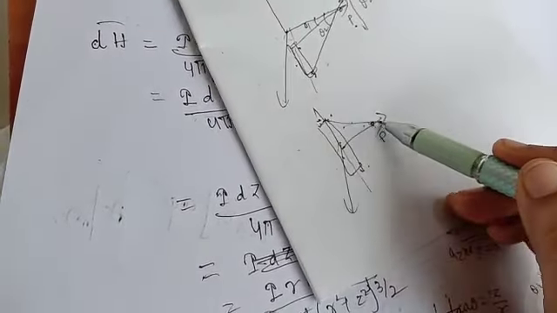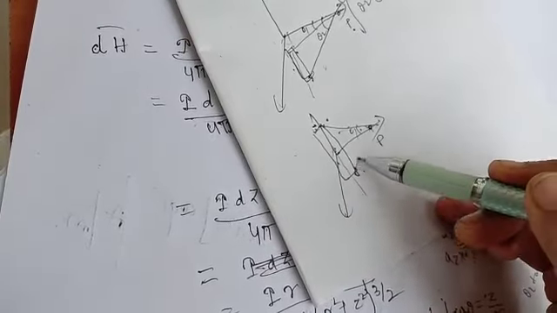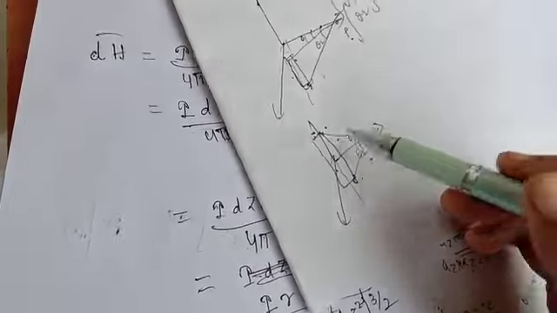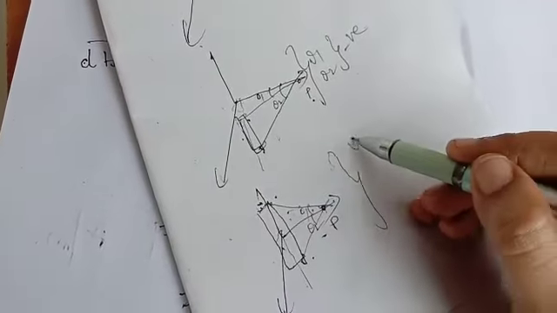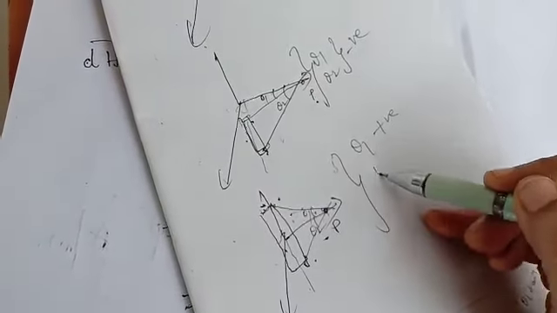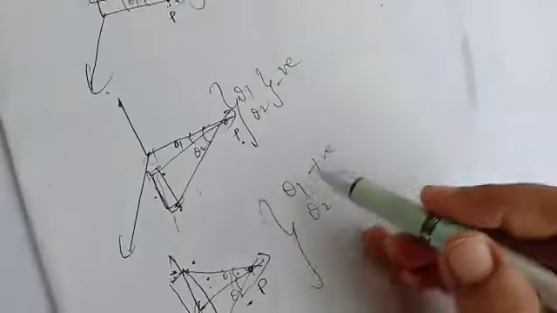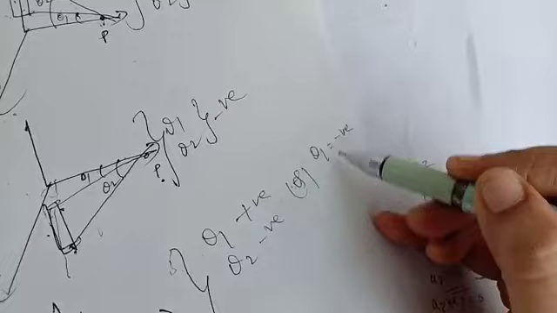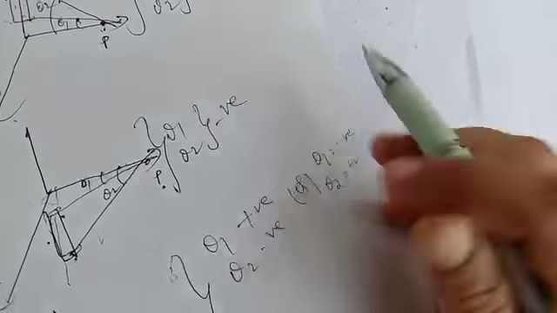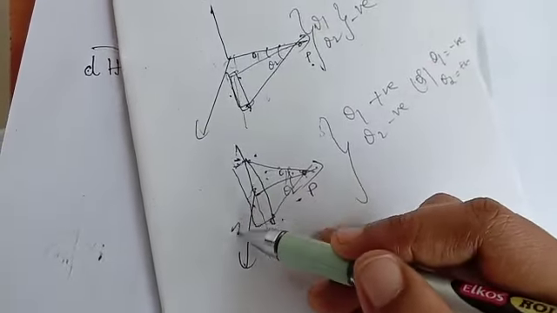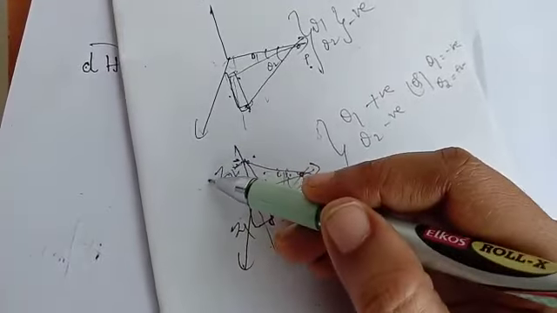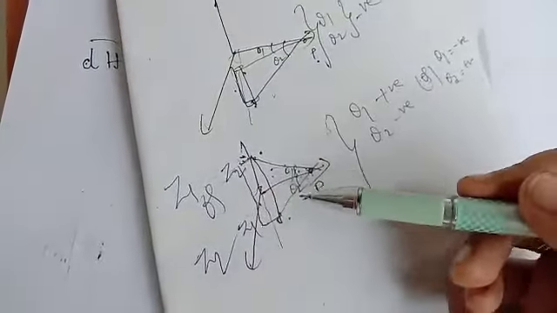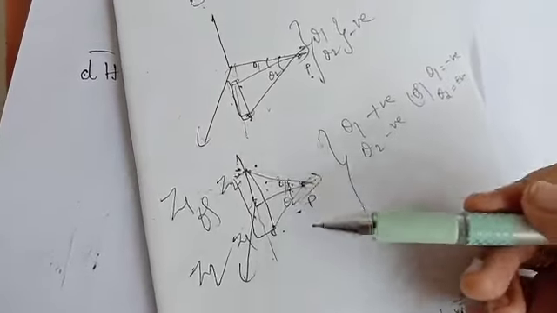So here this angle will be some theta 1 and let this angle be some theta 2. Then one angle will be positive, one angle will be negative, or one angle will be negative, another angle will be positive. It depends what we are taking as Z1, Z2 or theta 1, theta 2.